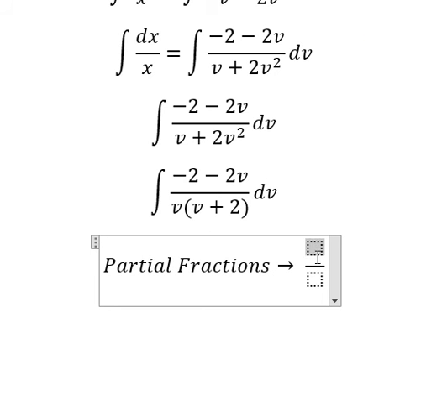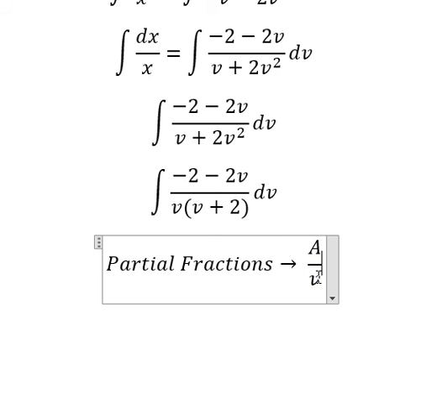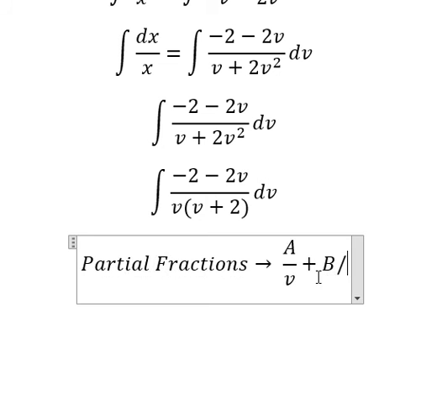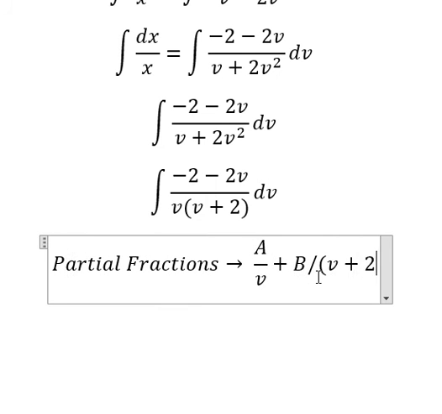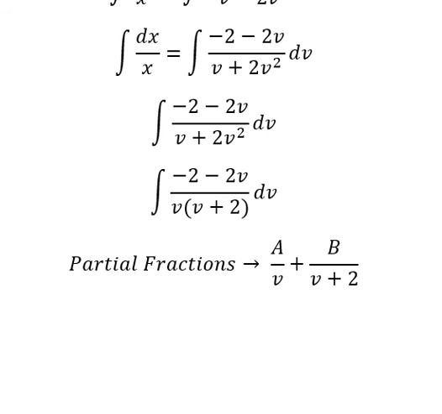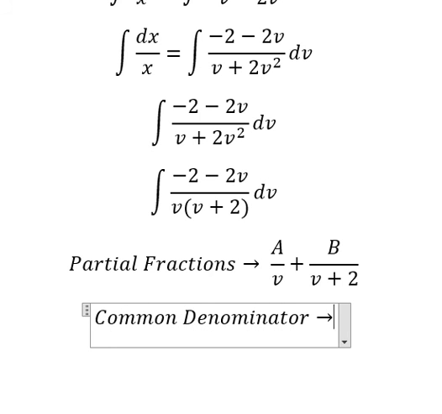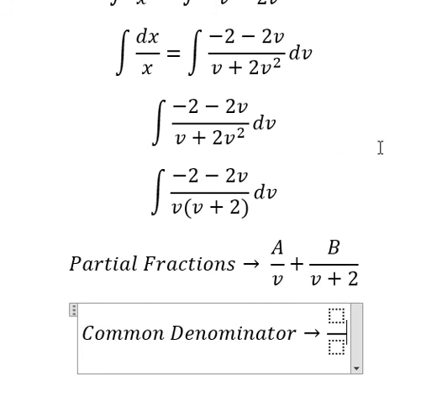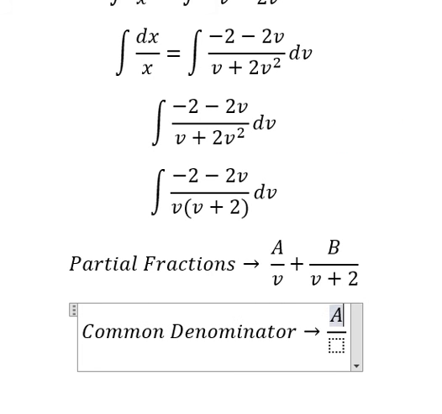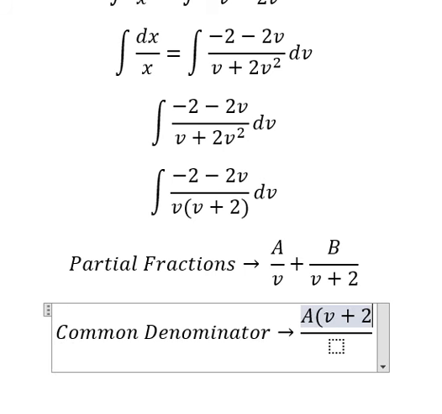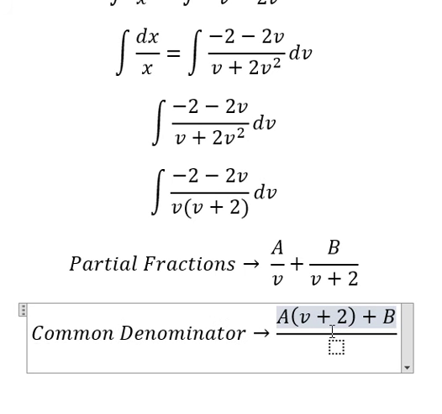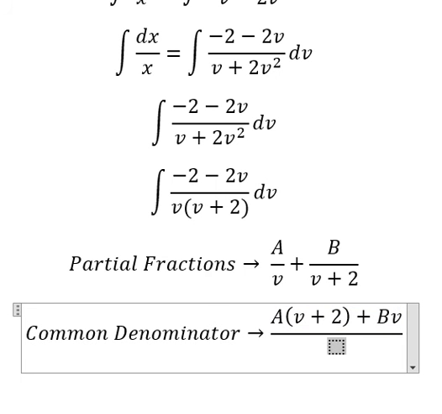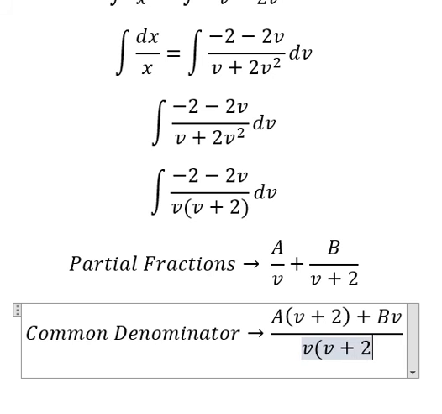So I will put capital A over V, capital B over V plus 2. Later we do the common denominator. So capital A multiplied by V plus 2, capital B multiplied by V. So in here you will get V multiplied by V plus 2.